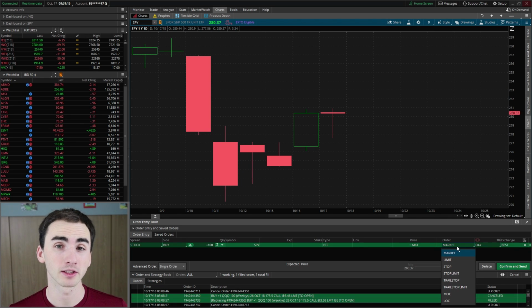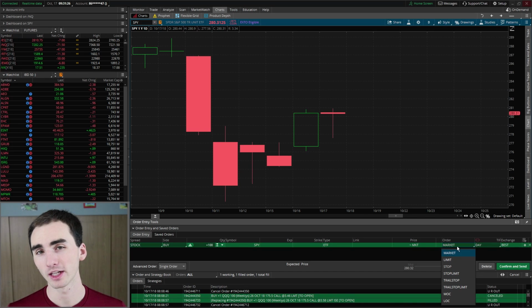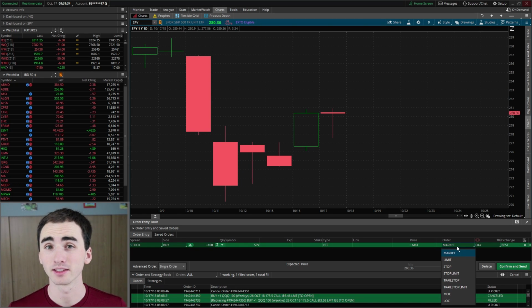Now the first one here is a market order, and all a market order is, you're telling it that you just want to get in at the current market price. You're essentially saying that I don't care what price I buy it at, I just want to get in right now. Generally with market orders, you will instantly get filled, or you'll instantly buy or sell whatever stock you want.